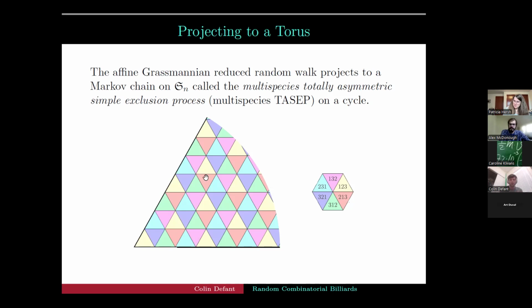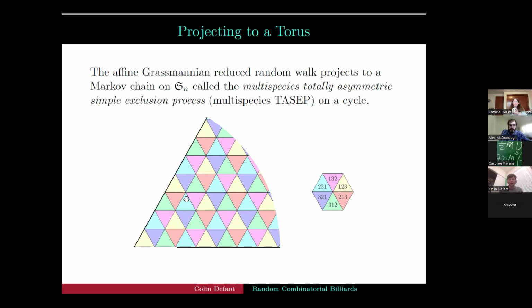So you can imagine you have this two-dimensional space V. I'm only showing a piece of it here, but you can imagine you have the entire two-dimensional space V. And over here I have this little hexagon, which is basically like a copy of the symmetric group S3. So I have this hexagon with 6 little alcoves in it, and the alcoves are labeled in a natural way by the permutations of size 3.